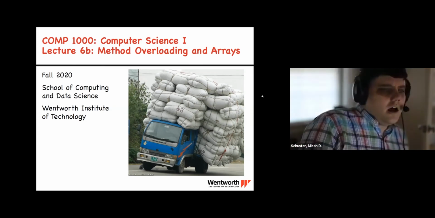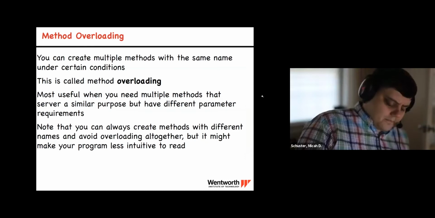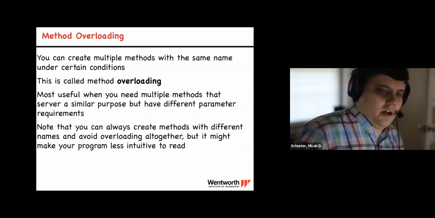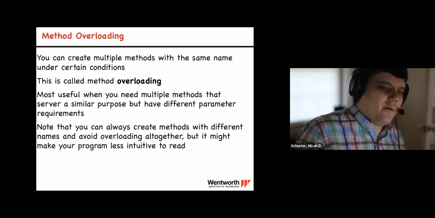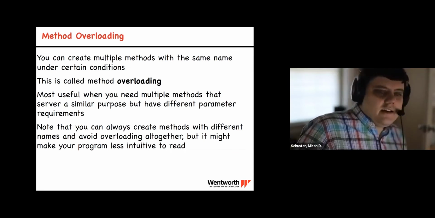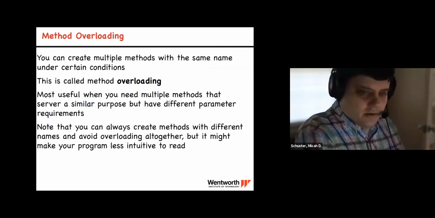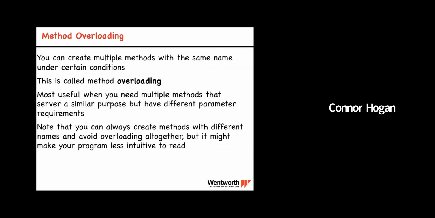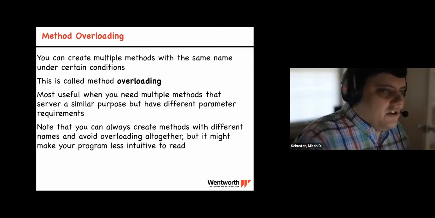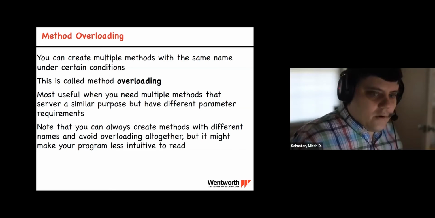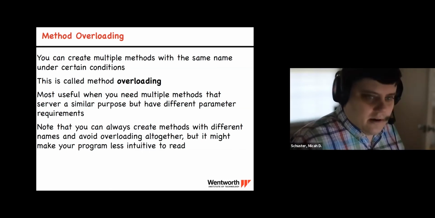So to begin with, if you ever see this overloading terminology, and most of the time it doesn't matter what language it is, it usually means that you're doing something with whatever the object is, so methods in this case. You're using that thing to do more than one type of operation.